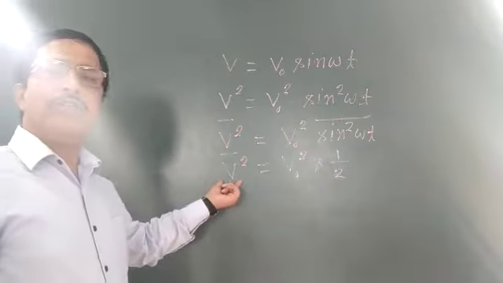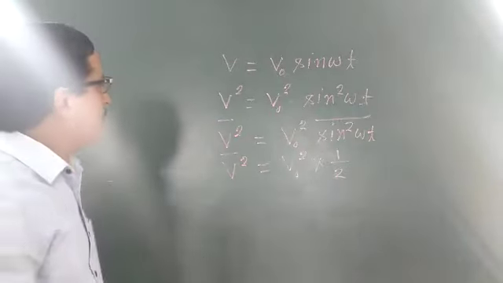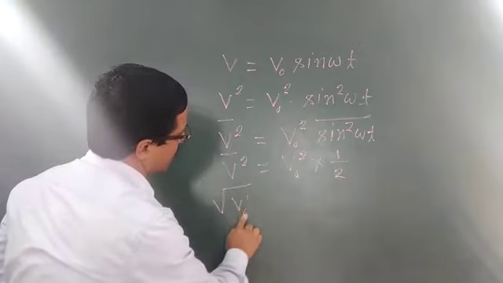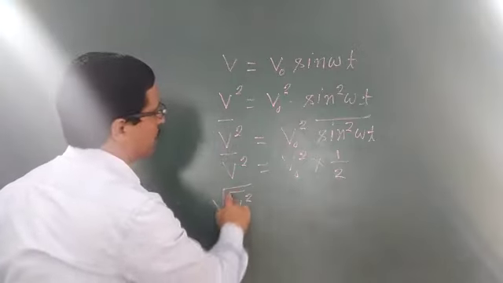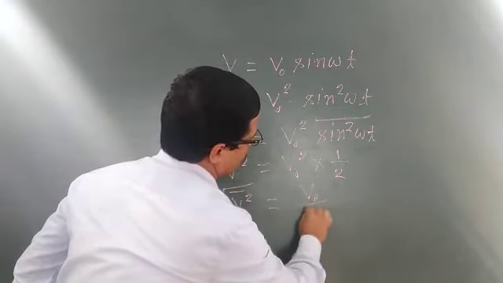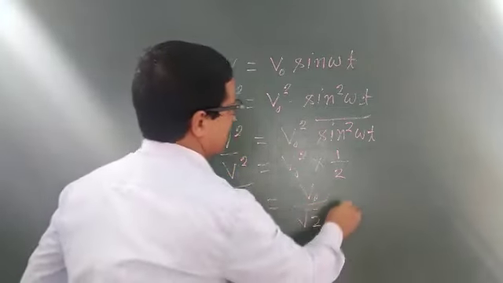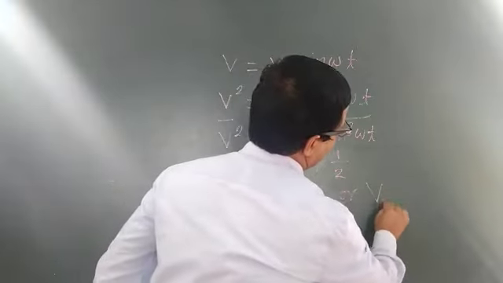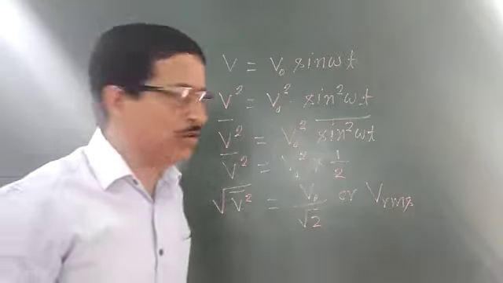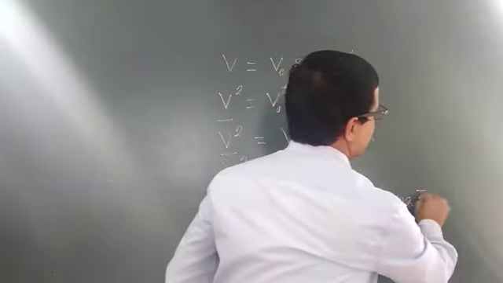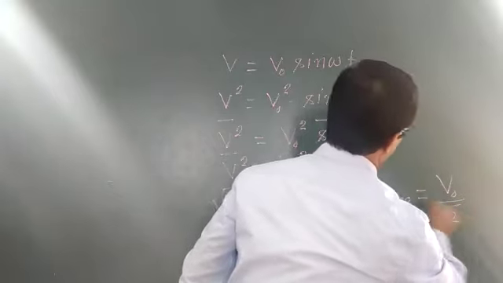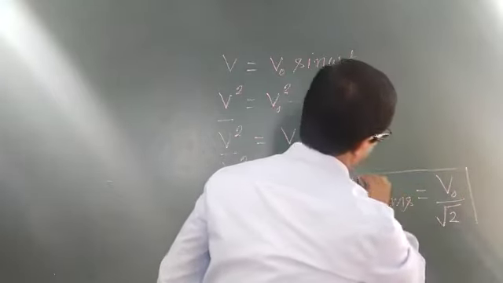Now the square root of V square bar is called V RMS. So the square root of V square bar will be equal to V0 upon square root of 2. Or we can say V RMS, or root mean square value of the voltage in this circuit, is equal to the peak value of the voltage divided by square root of 2.